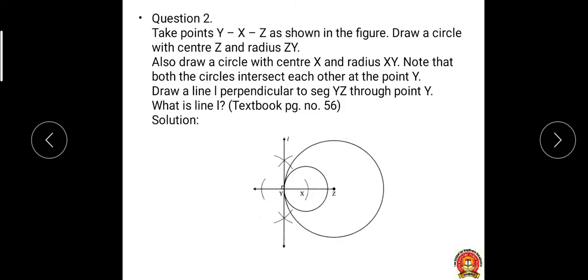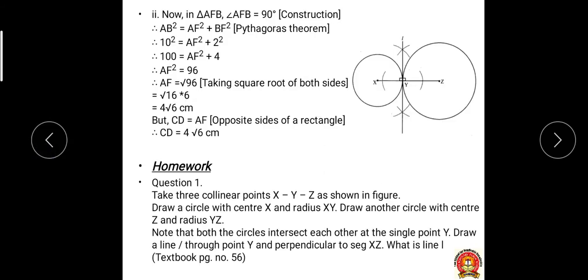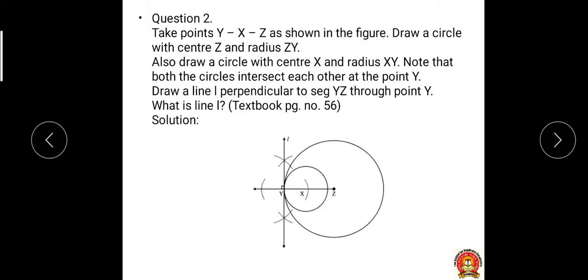Note that both circles intersect each other at point Y. After drawing both circles, draw a line passing through point Y and perpendicular to YZ. I have drawn both constructions here and explained them. Draw the same, taking your own measurements, one small circle and one big circle, for example 8 centimeters and 4 centimeters, or 5 and 7. Take your own measurements and send it to me.